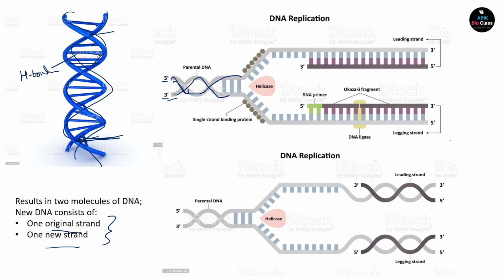In prokaryotes, there will be a single origin of replication, while in eukaryotes, since the size of DNA is huge, you have many origins of replication. So it may form a structure like this, like this, like this.